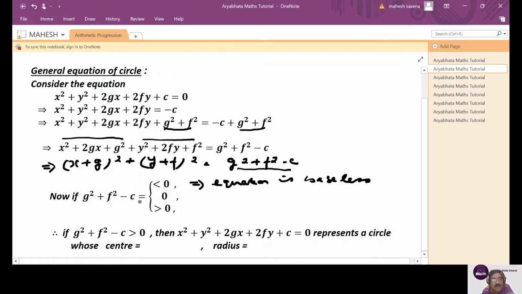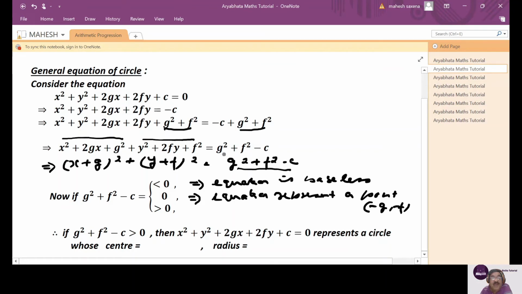Therefore, when g square plus f square minus c is equal to 0, the equation represents a point, the point (minus g, minus f).